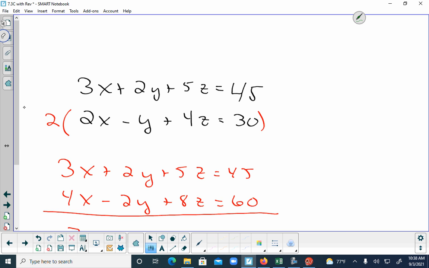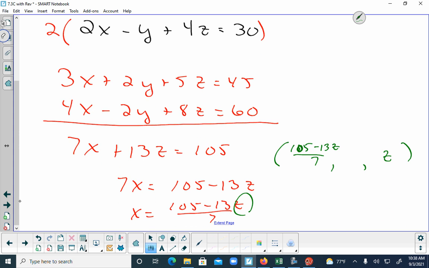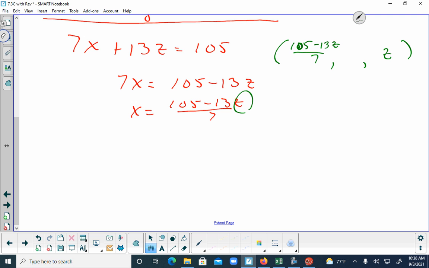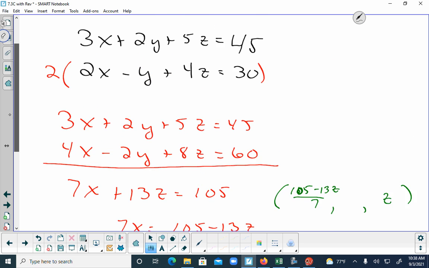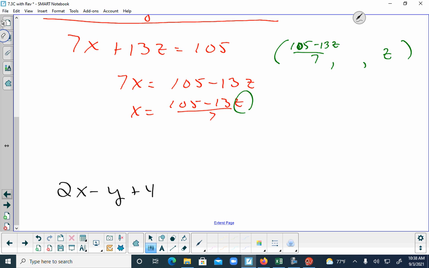Number 2. So we're doing the 2x minus y plus 4z is equal to 30. So in place of x, I'm writing that. Z is staying z.